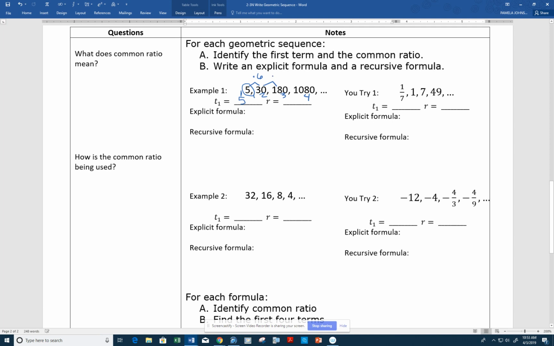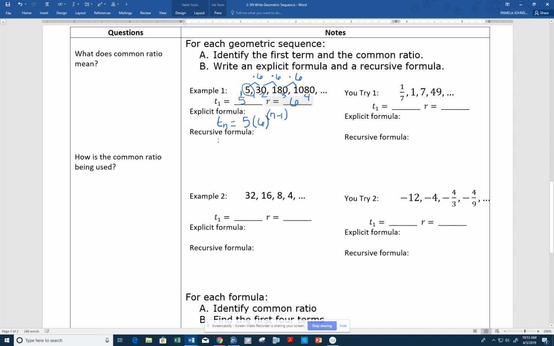From 30 to 180, we multiply by 6. And from 180 to 1080, we multiply by 6. So our common ratio is 6. Our explicit formula is T sub n equals 5 times 6 to the n minus 1 power.